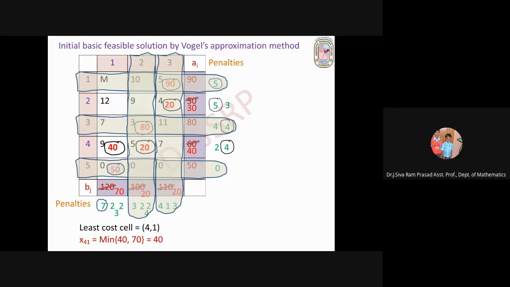Observe which constraint is satisfied. At the fourth origin, 40 units are available. All 40 units are transported. So the row constraint is satisfied. At the first column, required amount is 70. Out of 70, 40 are obtained. So the remaining requirement 70 minus 40, 30. Okay. So then cross off row 4.